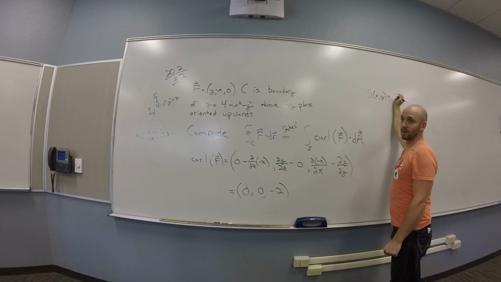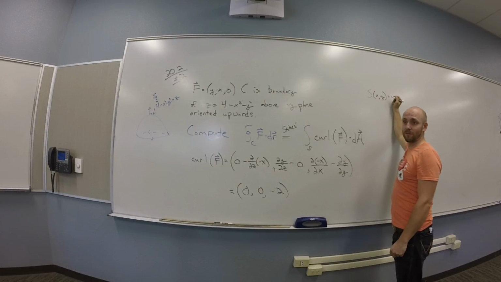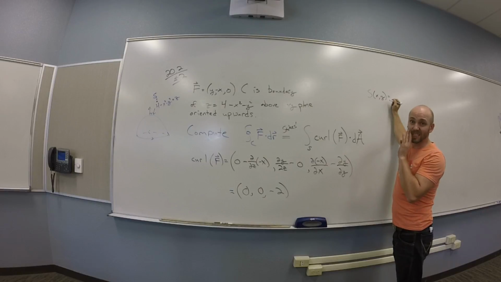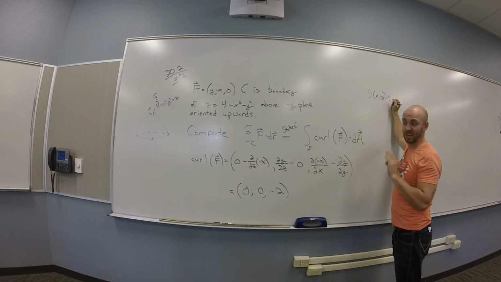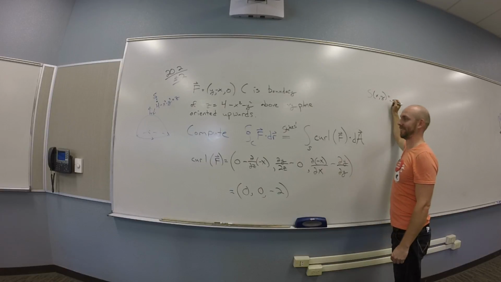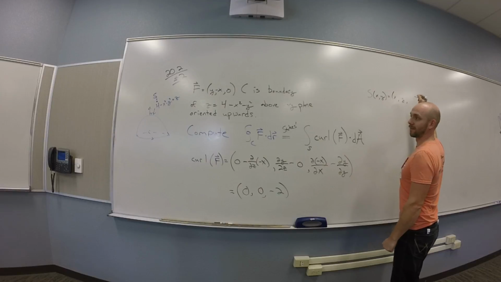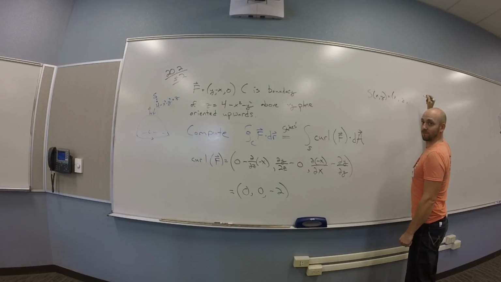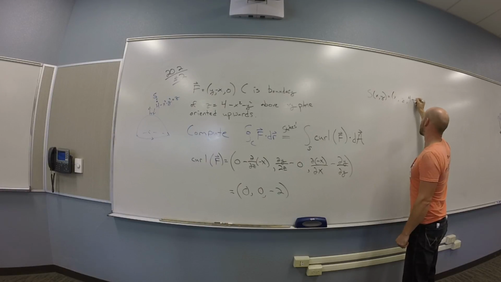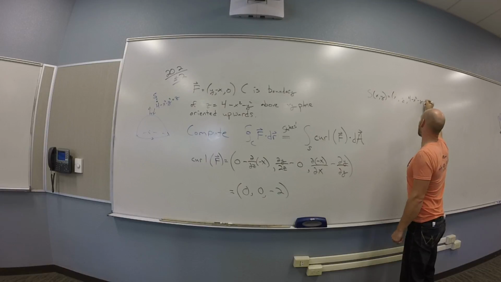Why did I pick x and y to make my variables? Because we are using z equals the... Yeah. Okay, so x comma y comma 4 minus x squared minus y squared.